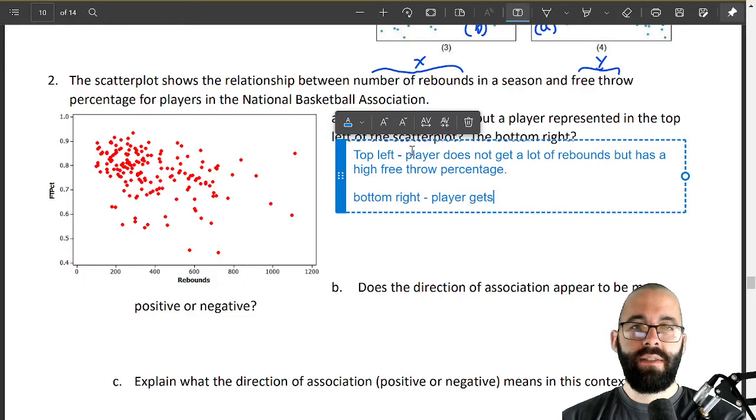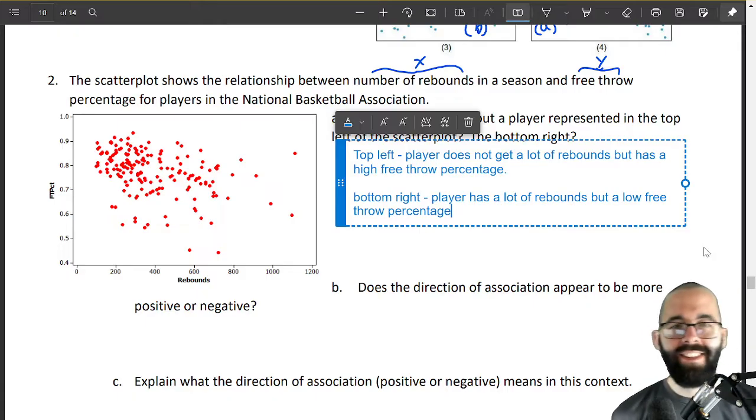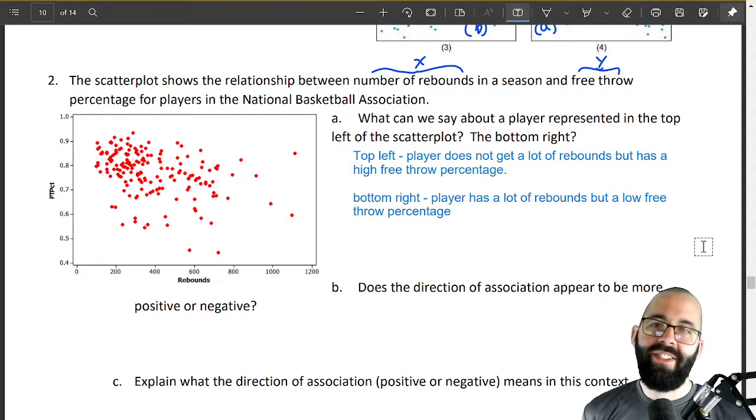Player has a lot of rebounds, but a low free throw percentage. I don't know anything about basketball, and I'm sure if you knew more about basketball, these correlations might make sense.